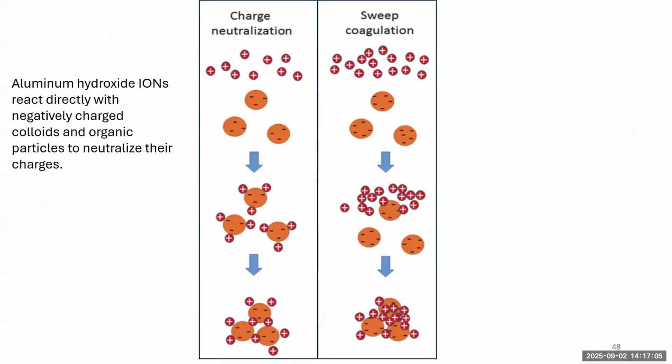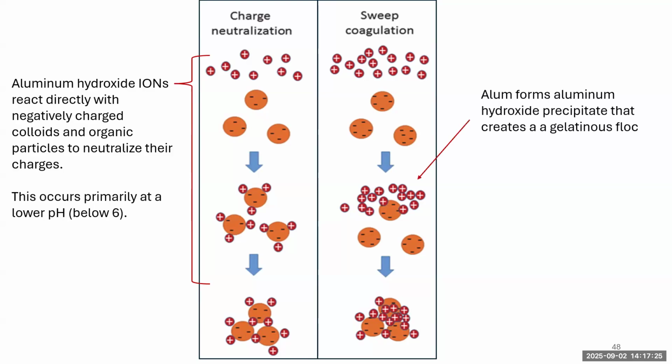We have charge neutralization, and you have the aluminum hydroxide ions, and they're coming along and they're reacting directly with these charged colloidal particles, and they're neutralizing them, and they're causing them to come together. In sweep flocculation here, you have this precipitate that's gelatinous, and it's settling down and it's capturing other particles.